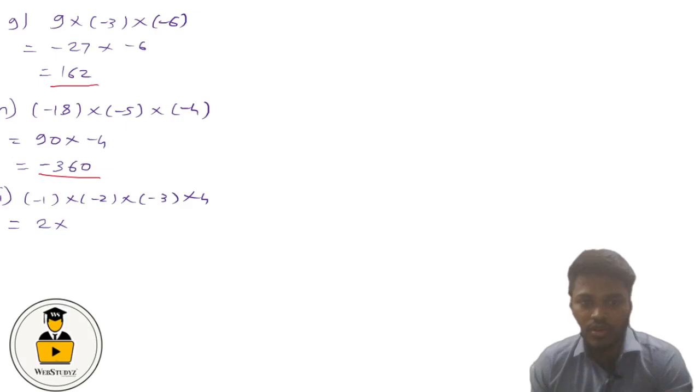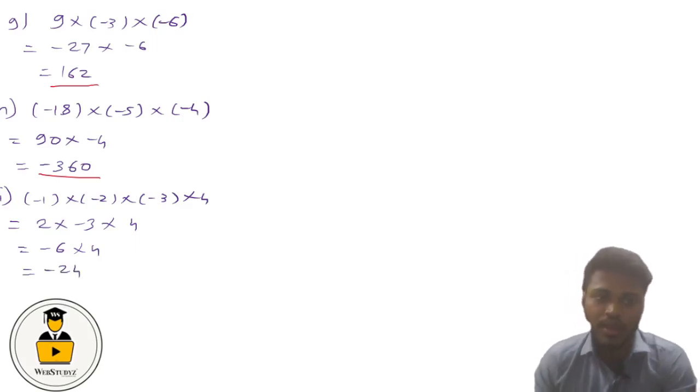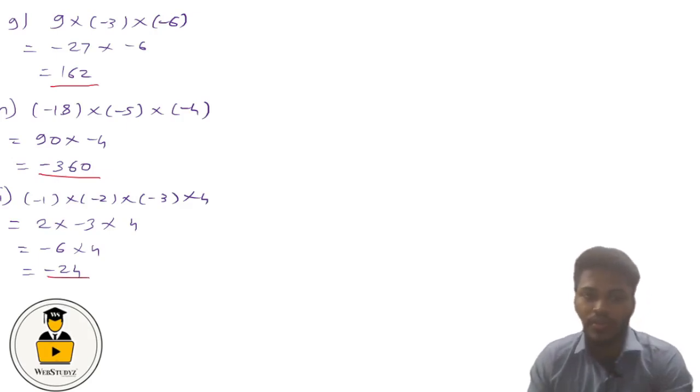Then this will be 2 into minus 3 into 4. Now 2 into minus 3 will give us a negative integer, and 2 into 3 is 6. So it will be minus 6 into 4. Now 6 into 4 is 24, and since one integer is negative, the product will be negative. So the product comes out to be minus 24.